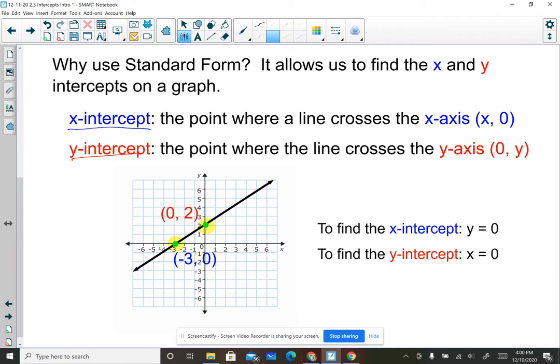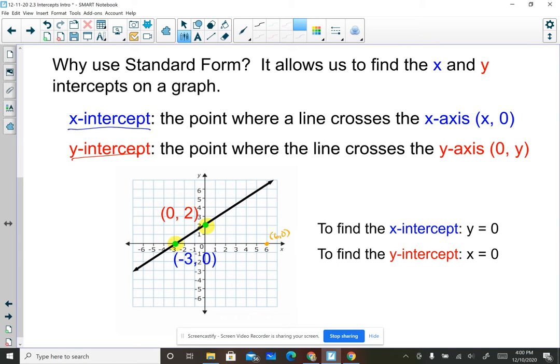Any point on the x-axis has a y value of 0. If we have a line that goes through 6, what ordered pair is that? That's over 6, up 0. That's why, in order to find where our line is going to cross the x-axis, we substitute a 0 in for y.